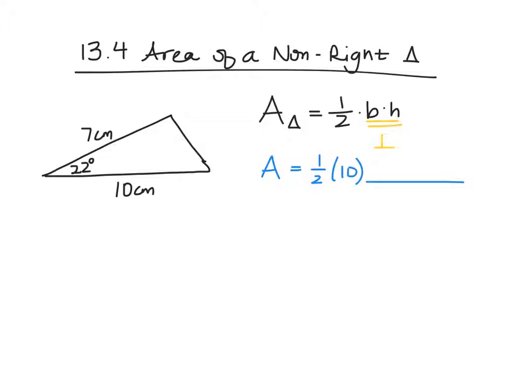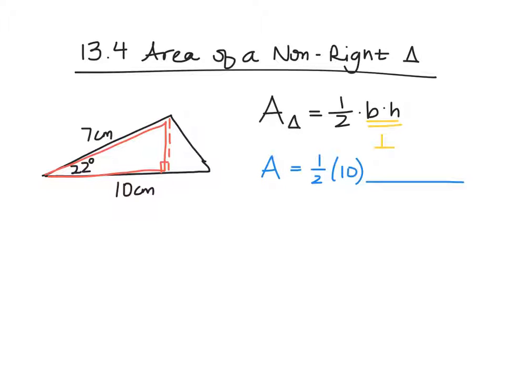So I could actually draw a height. I know it needs to be perpendicular, and it's going to need to come from a vertex. So I'm going to go ahead and draw this height right here inside the triangle. I know that's the same height that I'm going to need for my formula. And I can actually find that length using this other information, because notice now I drew myself a little right triangle here.